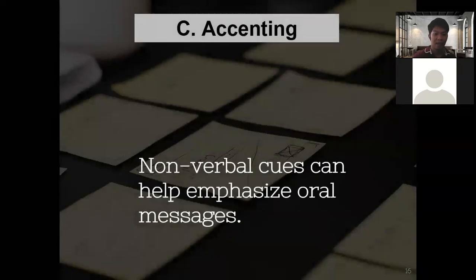Next one is accenting. Nonverbal cues can help emphasize oral messages. So when you want to give emphasis to the message that you want to convey to other people, usually accenting is utilized when the speaker thinks that the message is very important.